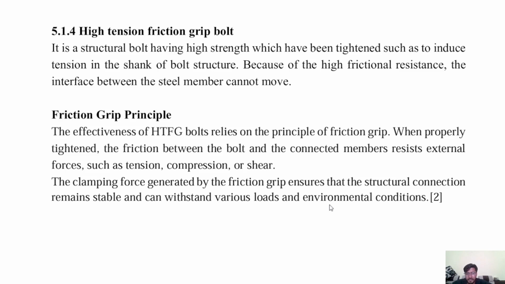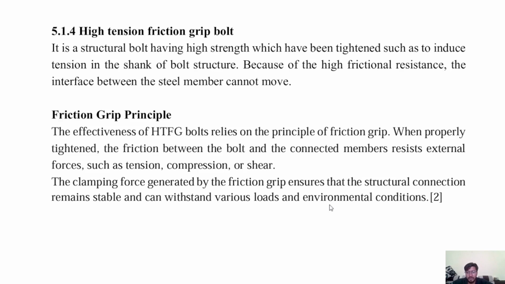So the effectiveness of high tension friction grip bolts relies on the principle of friction grip. When properly tightened, the friction between the bolt and the connected members resists external forces such as tension, compression, or shear.